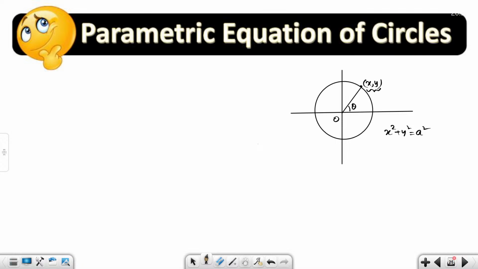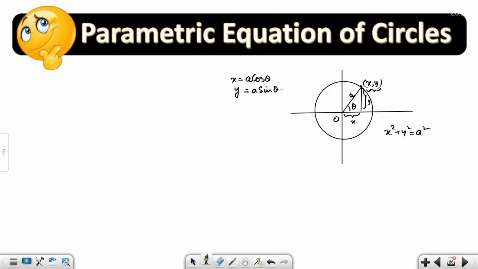If I draw a perpendicular from here to the x-axis, this length is your x, this length is your y, and this is your radius a. So x can be written as a cos theta, and y can be written as a sin theta.